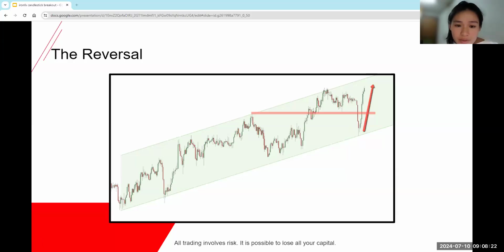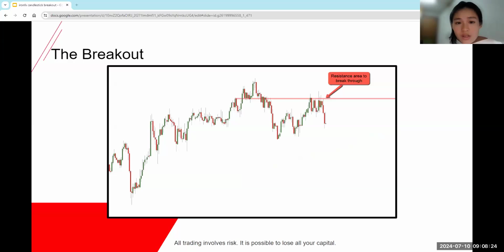On the other hand, we have the breakout. So here we have the resistance area that price is trying to break through. We have this resistance level, which is in line with a couple of swing highs, couple of swing lows, and that basically makes it an overlap resistance. An overlap resistance basically happens when there are swing highs and swing lows that respect that area.